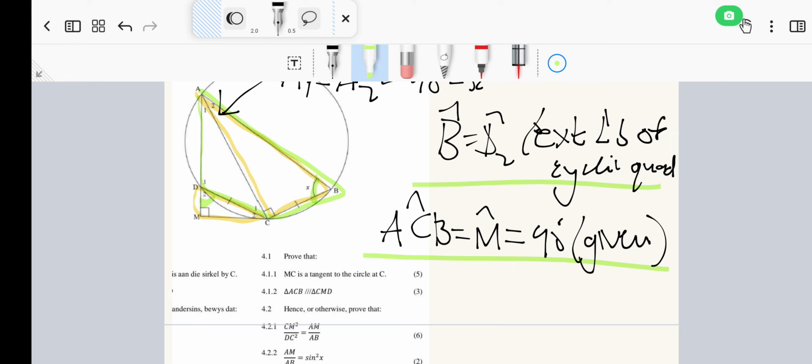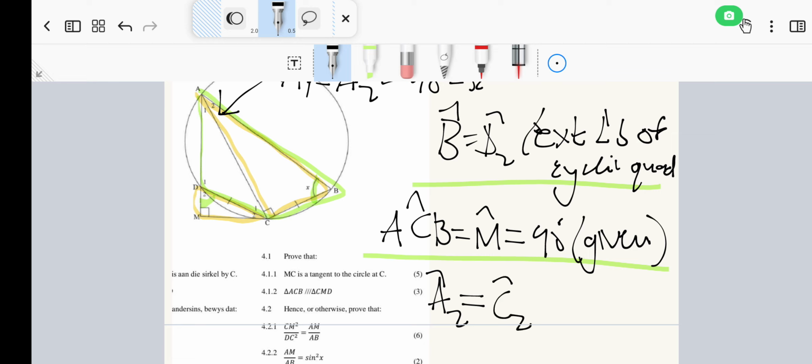If you have two angles, you actually have three because of the interior angles of a triangle, right? So which angles haven't we mentioned? We mentioned B, we mentioned C, we didn't mention A2. So let's say A2 is going to equal, in the other triangle, which one didn't we mention? We mentioned M, we mentioned D, we didn't mention C2.